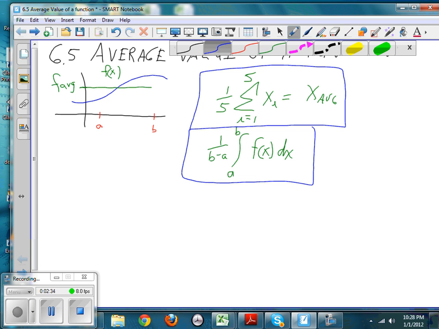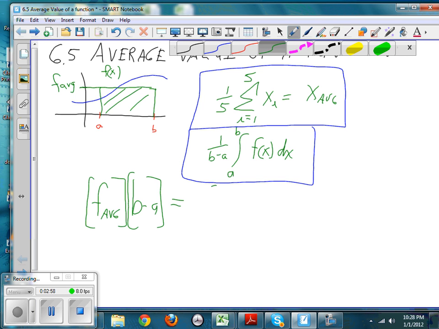And when you think about that pictorially, maybe this is a good way to show it too. I've got this average value here, right? This better be true: the f average from my picture, the average height of the rectangle, times b minus a, gives me an area. That better be equal to the area under the curve.